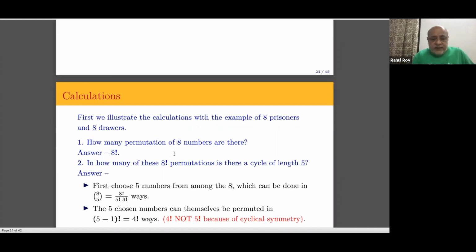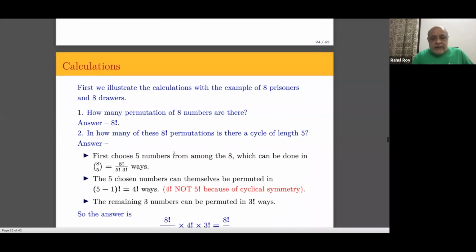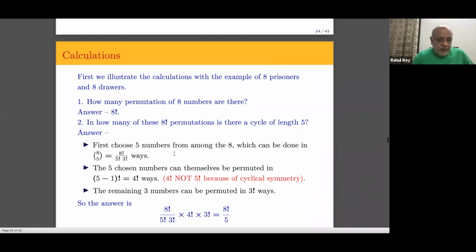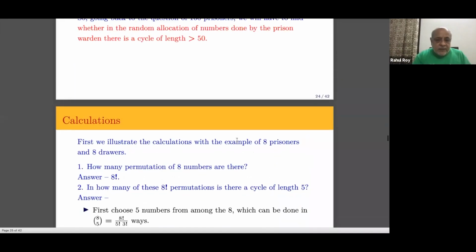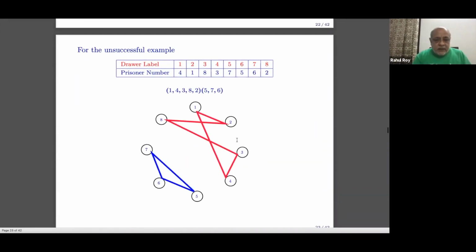Now, in how many of these 8 factorial permutations is there a cycle of length 5? First, choose 5 numbers from among the 8, in other words, you choose the cycle. For example, in the unsuccessful example, we had the cycle 1, 4, 3, 8, 2. That is one particular choice.